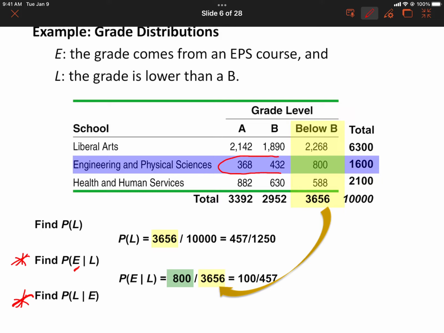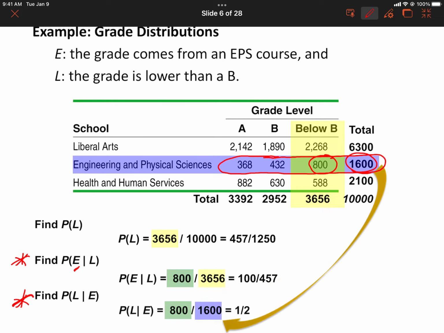So now all I care about is this row. And I want the probability of L, so it's below a B, so now I would have 800 out of 1600. So 1/2 when we reduce that one. So when you're given something, you no longer care about any of the other information except for that part that's given to you in a two-way table.